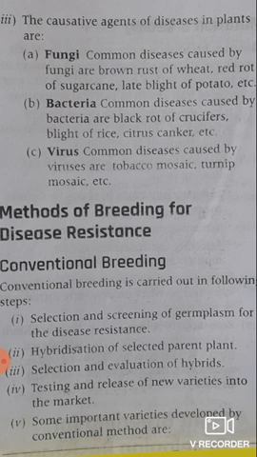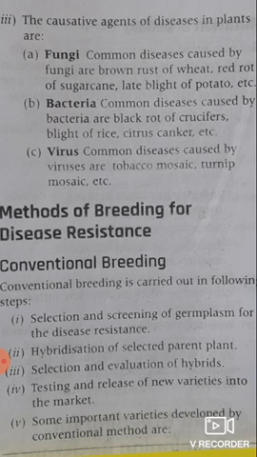Red rot of sugar cane: whenever you use a sugar cane, you can see red colored lines inside it. And late blight of potato. These wheat, sugar cane and potato can be affected by such diseases with the help of fungi.